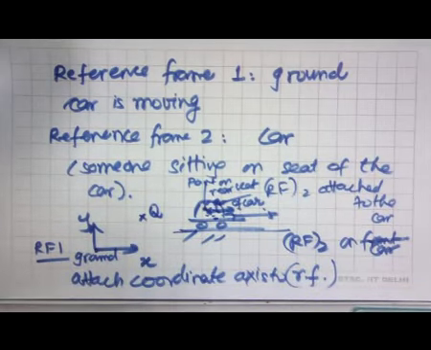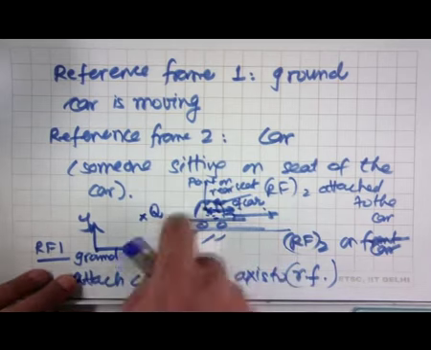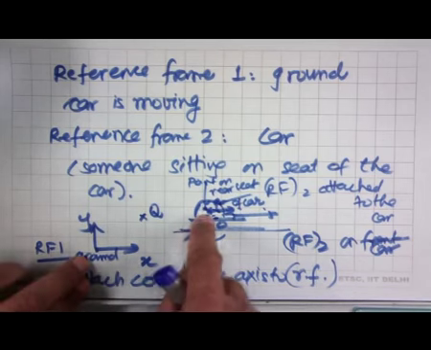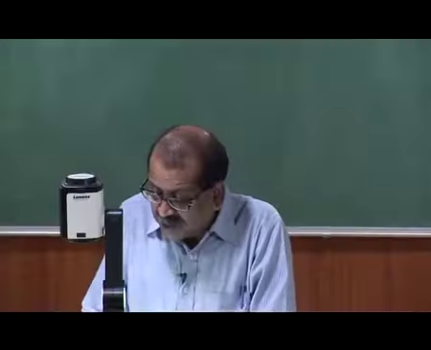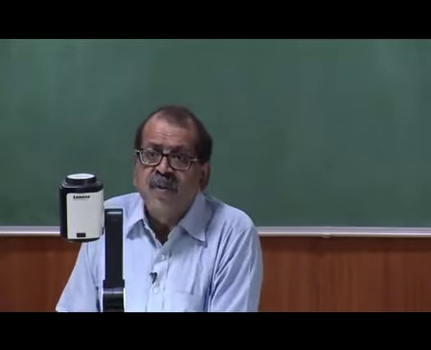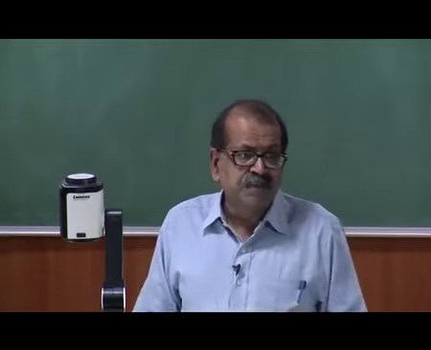So, point Q, which is fixed with respect to reference frame 1, is moving with respect to reference frame 2, and point P, which is moving with respect to reference frame 1, is fixed with respect to reference frame 2. So, therefore, defining a reference frame, all these measurements which we take of the position vectors are always with respect to a reference frame.